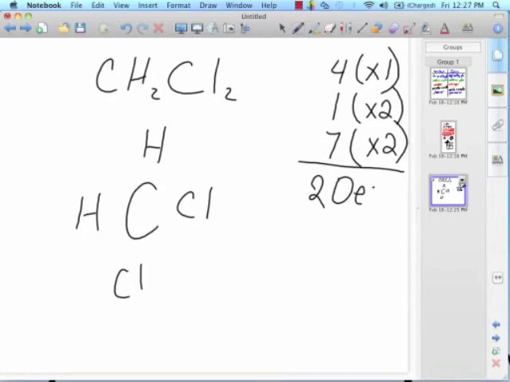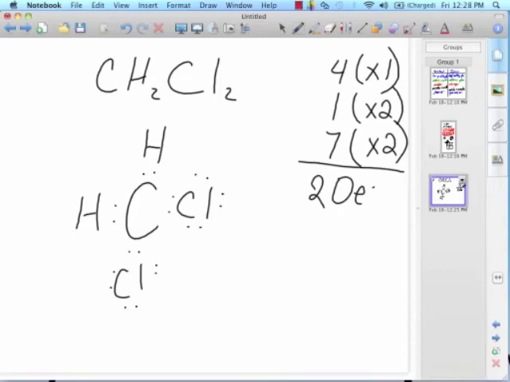Have fun with it. Now, everything gets 8 electrons except what? Okay, so I'm going to put 8 around here, 8 around here, and 8 around carbon. It's already got 4. So that's 8 around carbon, 8 around chlorine, 8 around chlorine, 2 on hydrogen, 2 on hydrogen. How many electrons is that? It's 20. So we're done, aren't we?